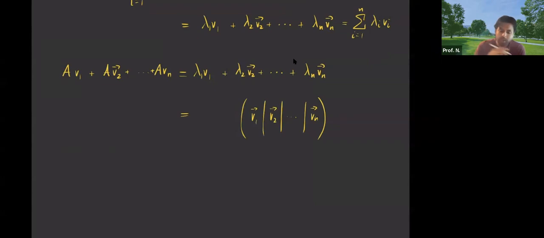It would be an n by 1 column, something like lambda 1, lambda 2, lambda n, like this? Yeah, that's definitely one way. Okay, let's leave that for now.